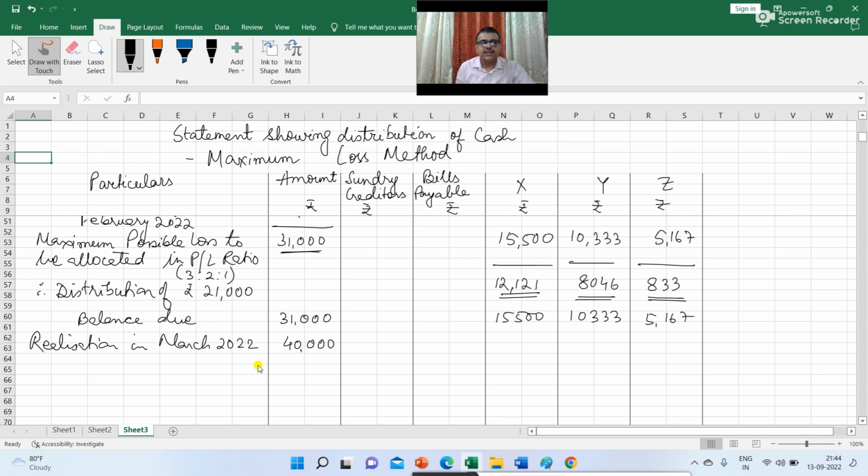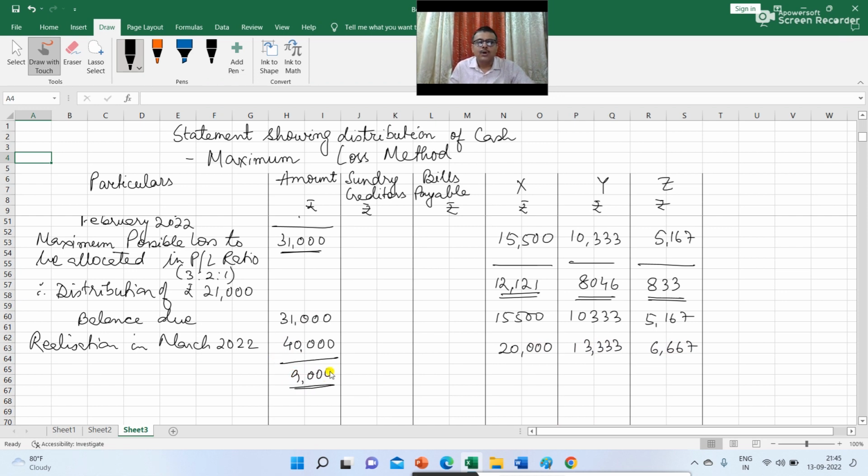So this realization of rupees 40,000 in March 2022 will be distributed to X, Y, and Z in PL ratio. So 20,000, 13,333 and 6,667. So you can see that there is a surplus of rupees 9,000.